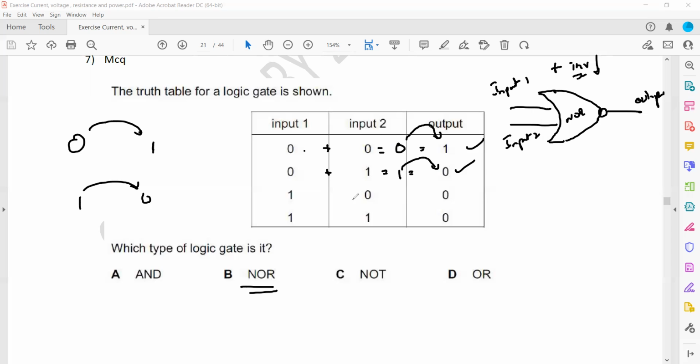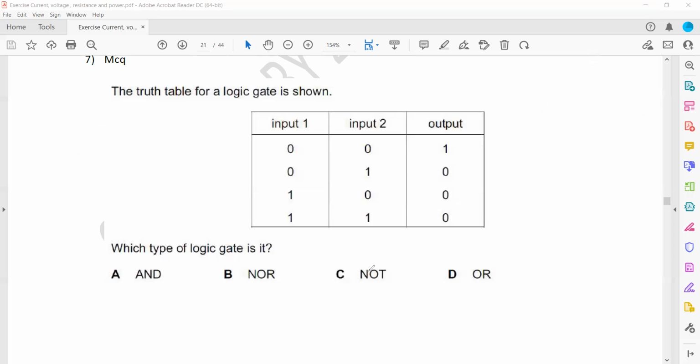That is also correct. 1 plus 0 is 1, and we invert that, so it becomes 0. 1 plus 1 in binary is not 2; in binary, 1 plus 1 is 1. If there's an input current, the output will be there. And then we invert. So it follows all the logic of a NOR gate. So it is the truth table of a NOR gate.